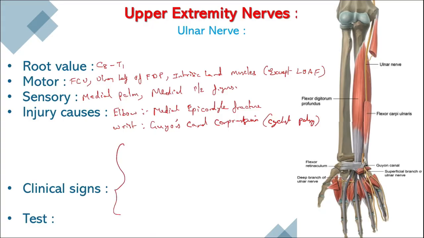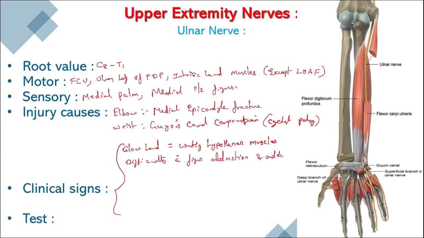Okay, so in clinical signs, first of all we have to see claw hand at rest. Claw hand occurs because of ulnar nerve injury or compression, and the hypothenar muscles will waste. And sometimes there is difficulty with finger abduction and adduction because of intrinsic loss.